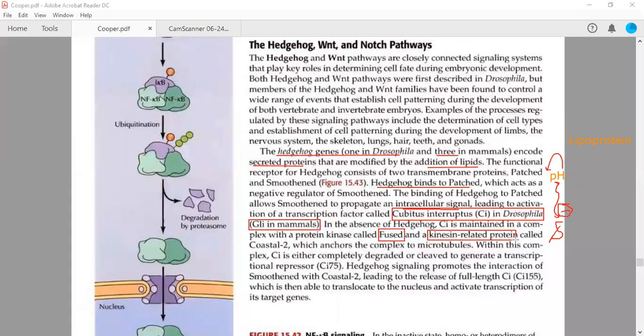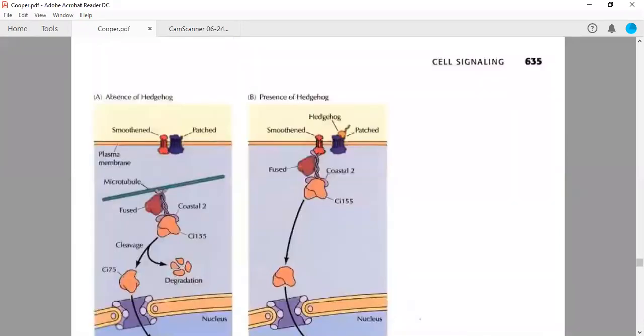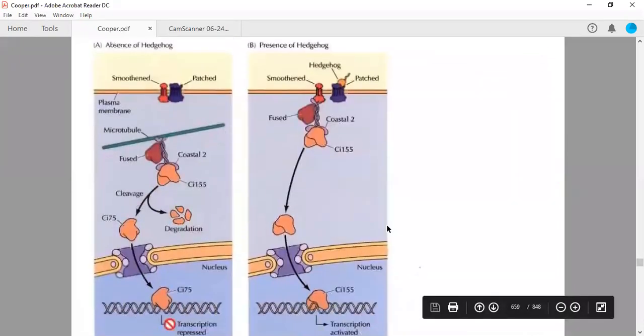Now the question is, what is kinesin and what is the function of kinesin related proteins? For example, costal 2 anchors the complex to the microtubule. In this diagram, the costal 2 protein, which is related to the kinesin family, is able to interact with the microtubule.